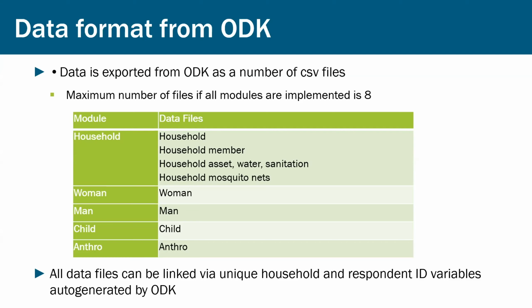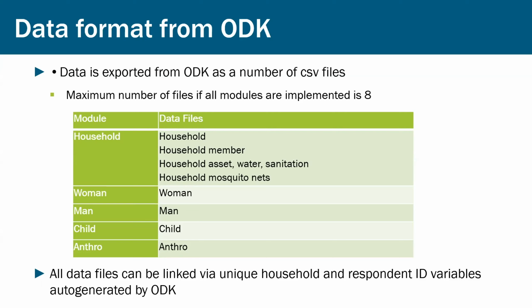And so for the household piece of the questionnaire, you're always going to have your household file. Then for all of the household members, there is an additional file. There's also a file that has information on household assets and water and sanitation. And then there's also a file related to mosquito nets, if that module was implemented.